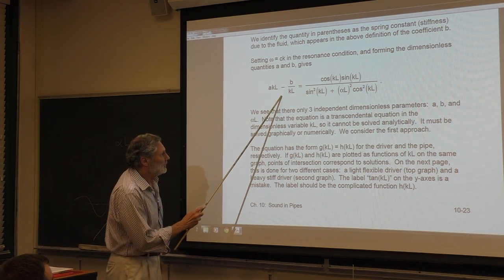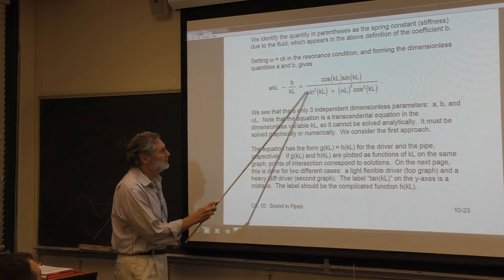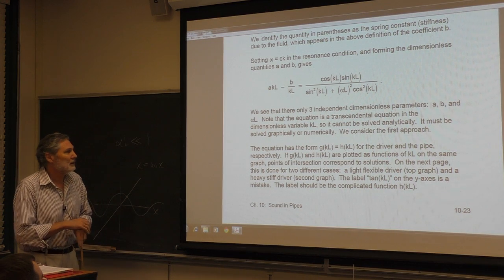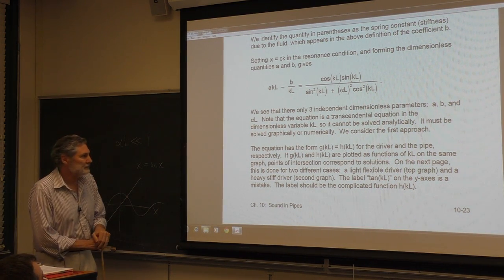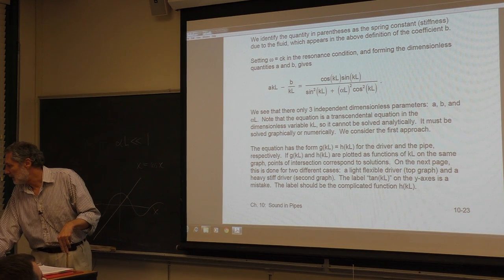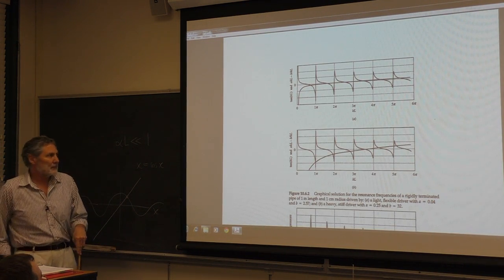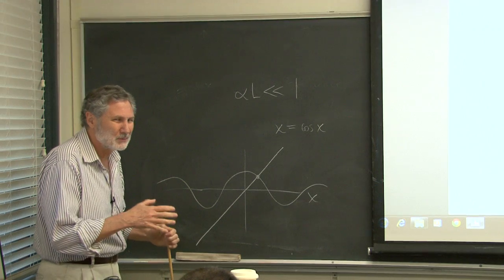Okay, so let's call this g of KL. Let's call this function h of KL. And we do the same ideas that we're discussing here. Now, following the textbook, we're going to do two somewhat special cases.